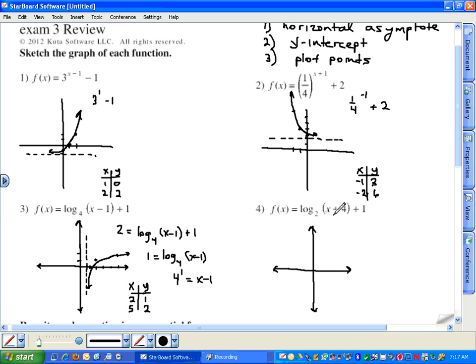The vertical asymptote has been affected by this transformation to the left, negative 4. And then we find the x-intercept by letting f of x equal 0. So 0 equals log base 2. If we subtract 1 on both sides, we get negative 1.